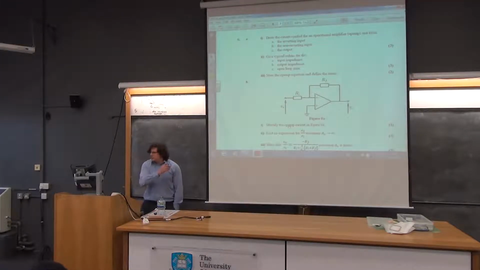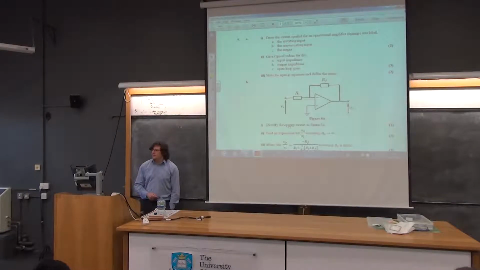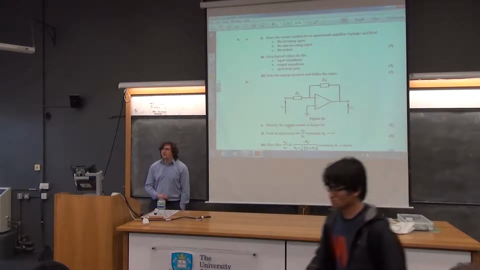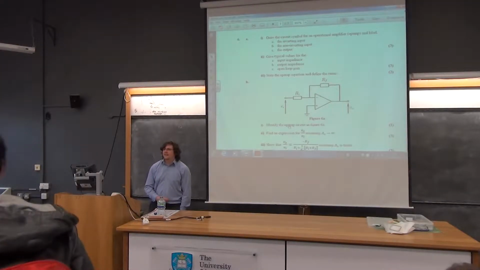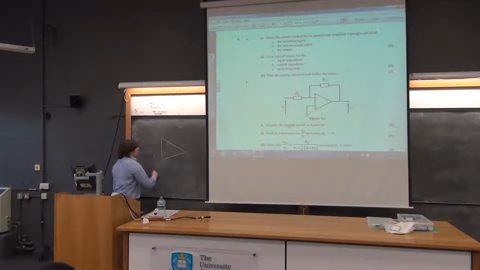So the questions are up on the board at the minute, and question 6 part A part I says, draw the circuit symbol for an operational amplifier and label the inverting input, the non-inverting input and the output. You will not believe how many people thought I wanted something more. All it has to be is a diagram of an op-amp. So this is all that's required for 6AI.